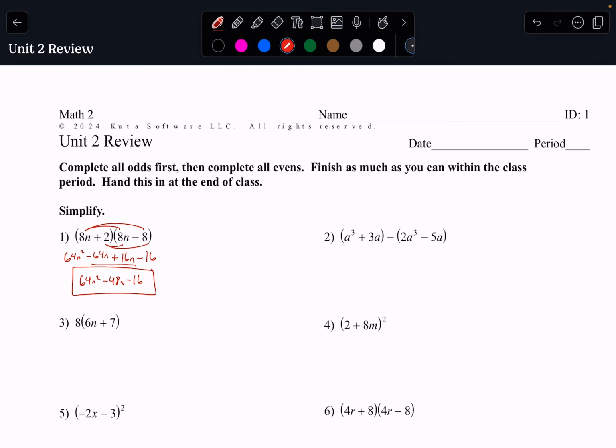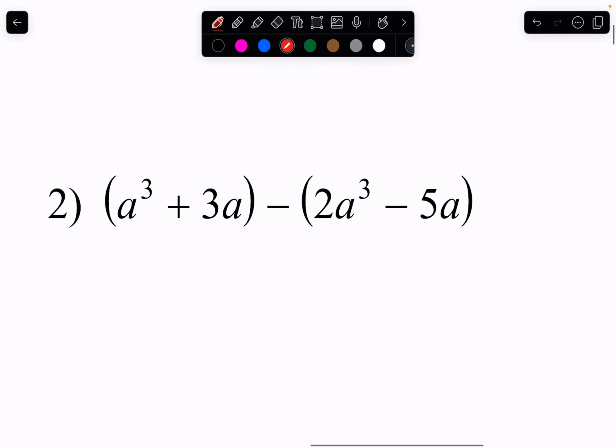All right. Now, if you end up with something like this, when there is a symbol in between, that tells you that you are going to be adding and subtracting the polynomials. If it's an addition sign, literally all you have to do is combine like terms. If it is subtraction, you have to make sure that you distribute the negative to everything in that second polynomial.